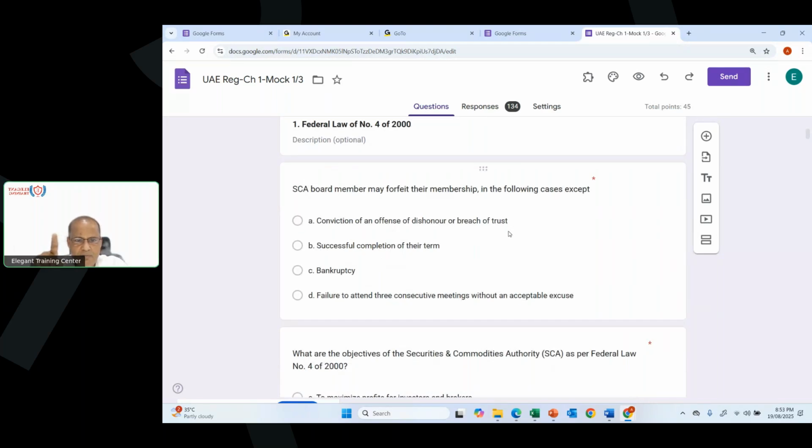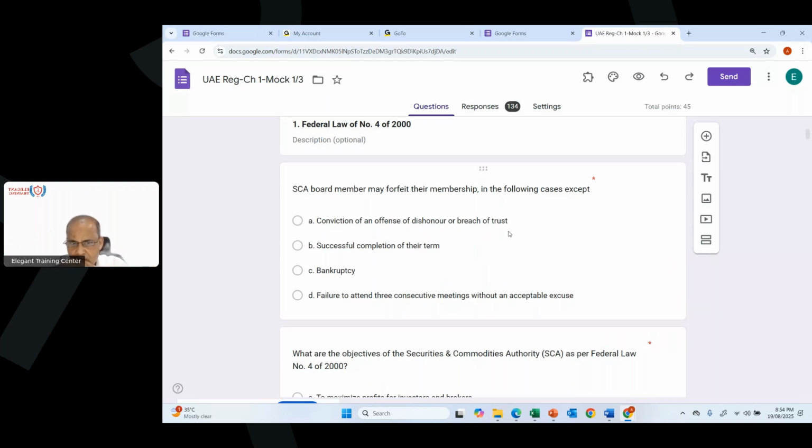Question: an SCA board member may forfeit their membership of the SCA board, except in the following situation. So basically membership forfeiture. Which one?